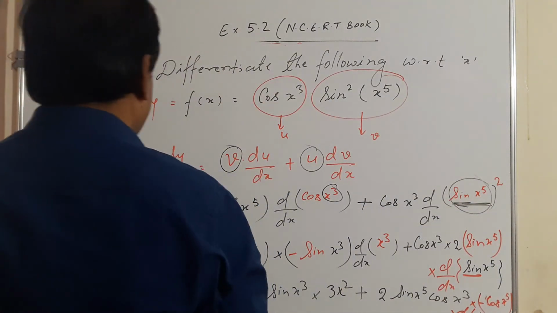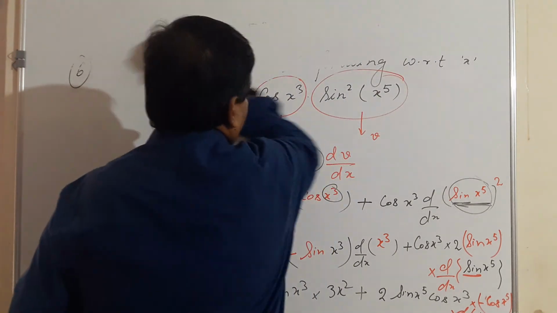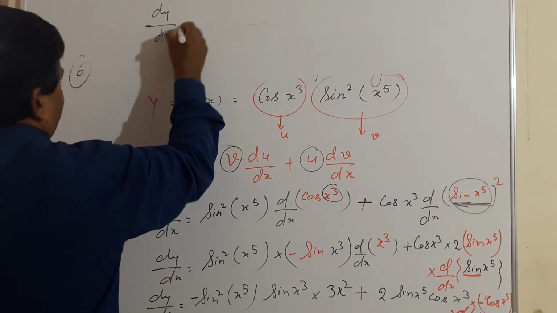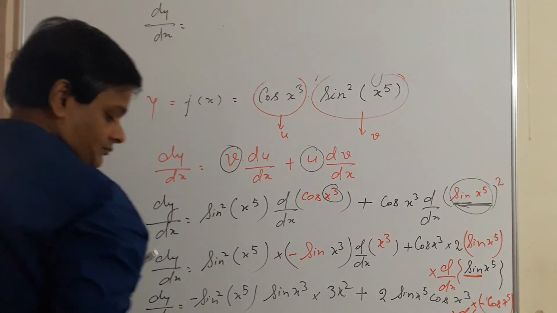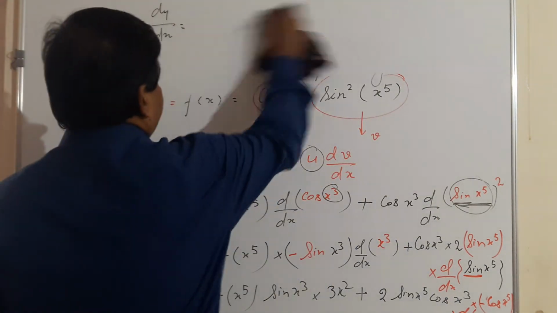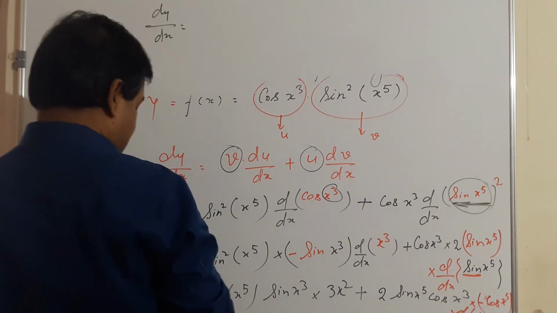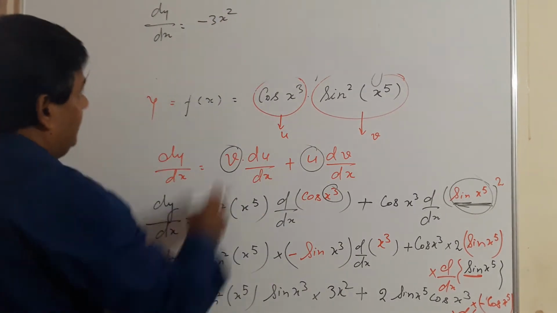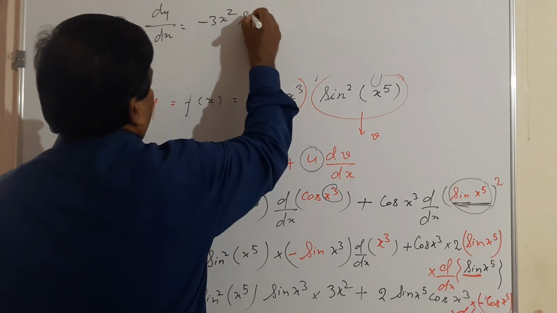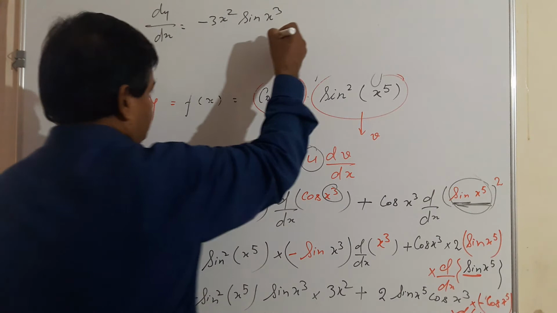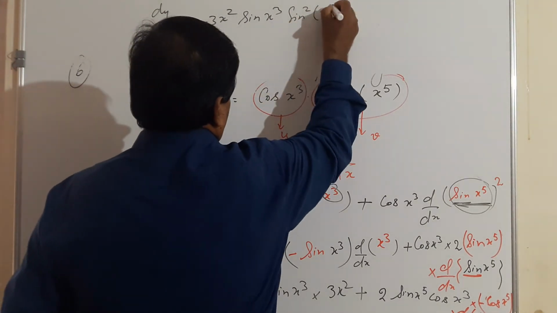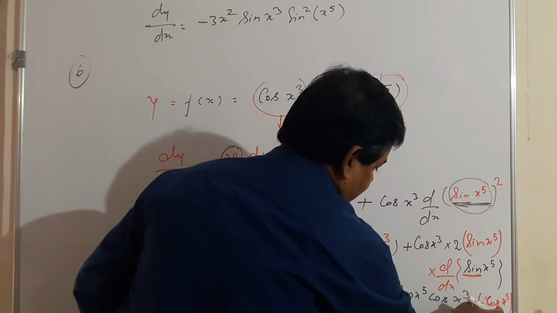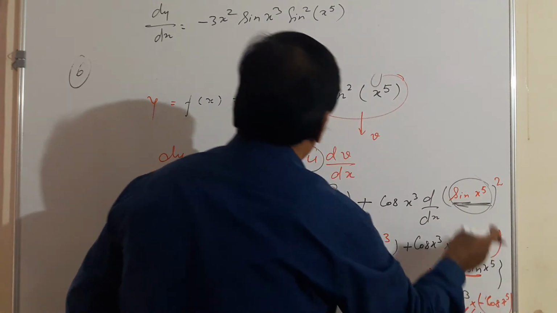So you will get dy by dx equal to minus 3x square sine x cube sine square x raised to the power 5. Here x raised to the power 5, differentiation is 5 x raised to the power 4.